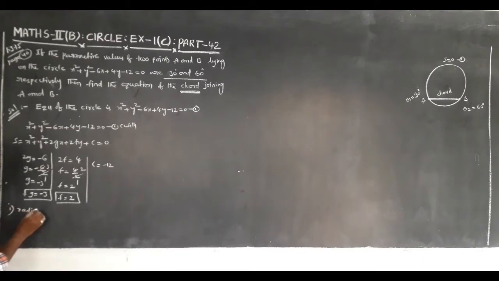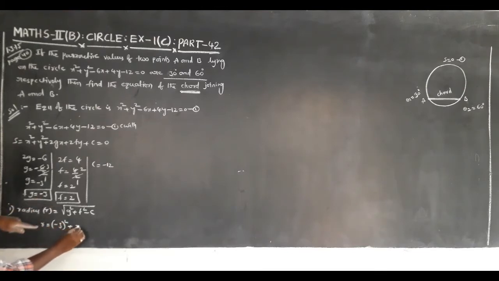Here we find the radius of the given circle. The radius of the circle is equal to under root of g square plus f square minus c. g square is minus 3 whole square, f square is 2 square, minus c is minus into minus plus 12, under root of 9 plus 4 plus 12.